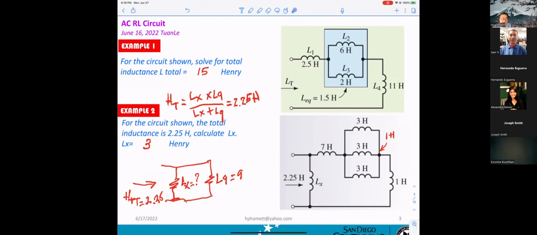Oh, I see what you're saying. The 2.25 is the total impedance, and you're working backwards to find LX. Exactly. So you've got to flip your formula around to find what LX is. That's what I gave to you here.